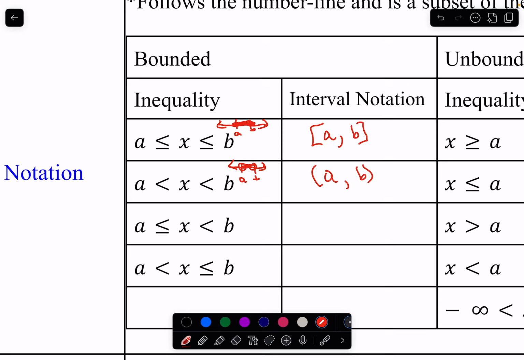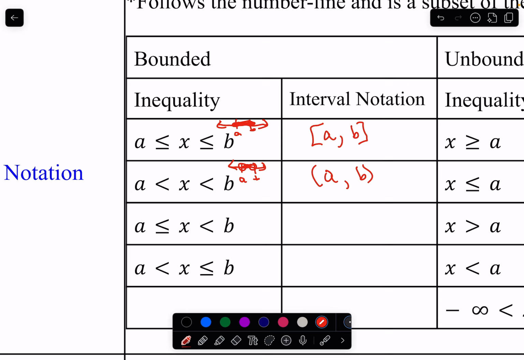So like, let's say we colored in all the values between 2 and 3, but we had open circles on 2 and 3. That's what I mean. The parenthesis says, I can get really close to 2, but I'm still at about 2.001. I can get really close to 3, but I'm at 2.999.